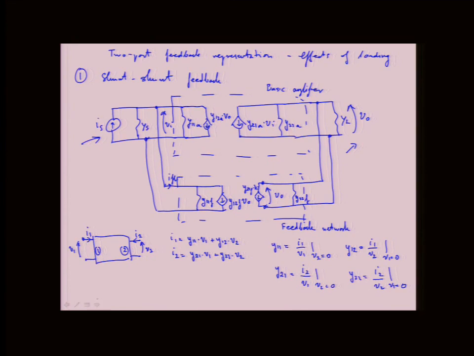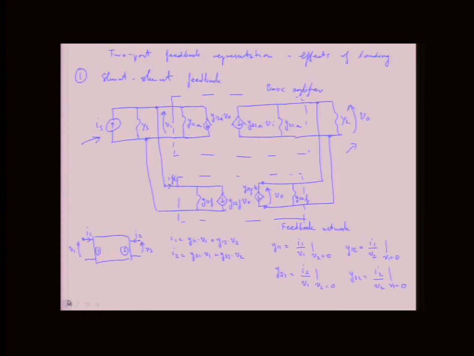If we look at this network, I can write that IS, the input current at the input port, is YS plus Y11A plus Y11F, times VI.